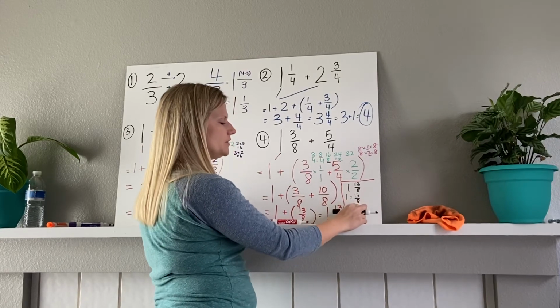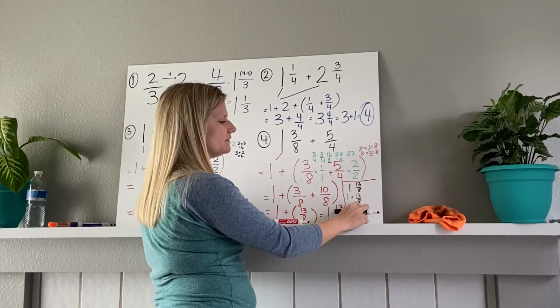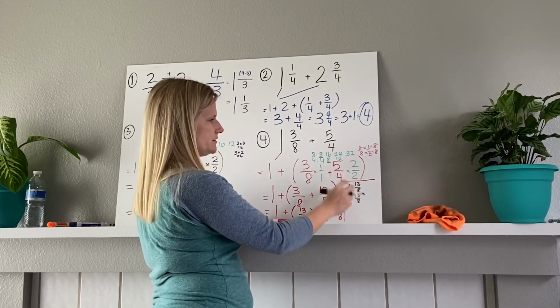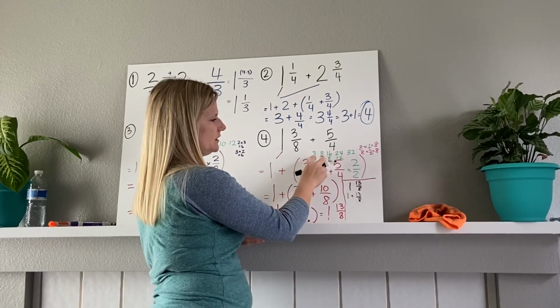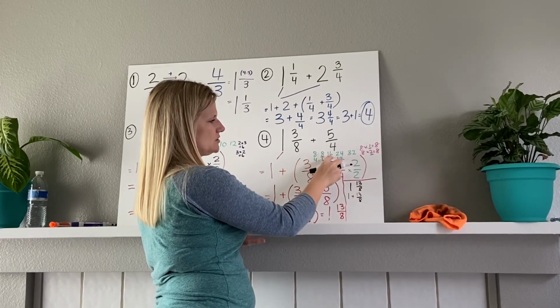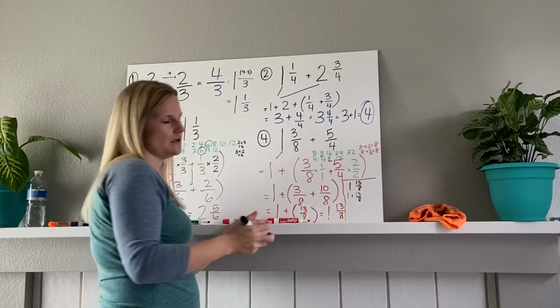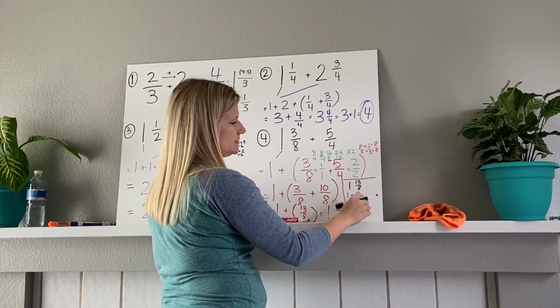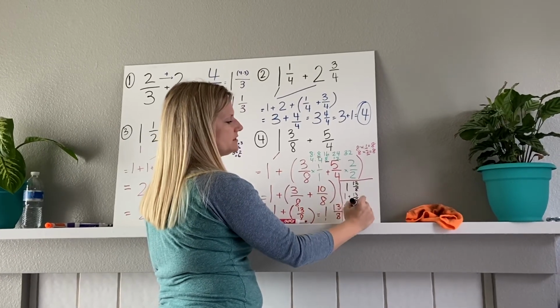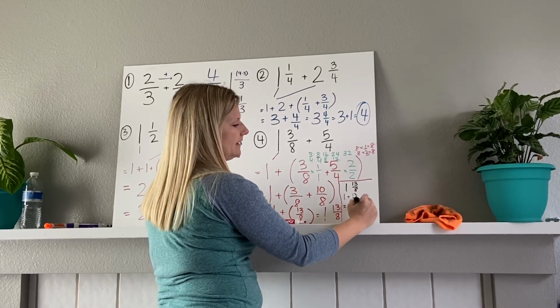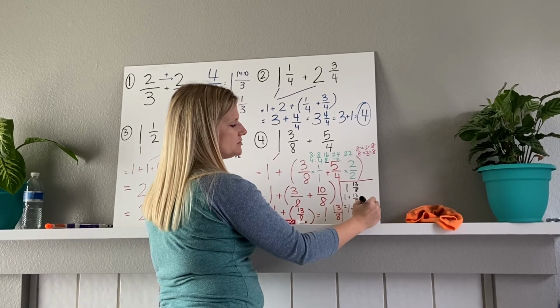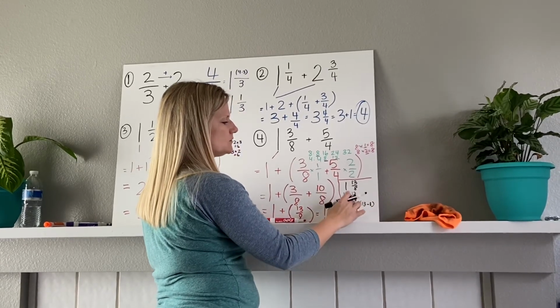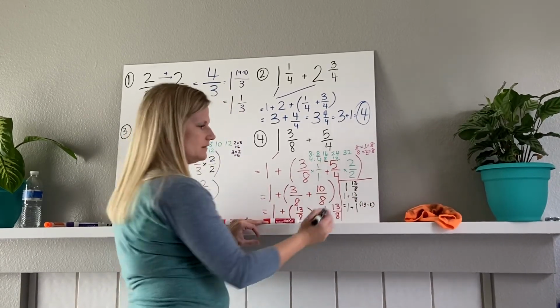To figure out what your mixed number is going to be, you have to figure out how many times 8 goes into 13. We can use the factors here to realize that 8 times 2 is 16, and that's too many times. So we're going to rewrite it as 1 plus 8 goes into 13 one time. And then to figure out what your numerator is, you subtract 8 from 13 because 1 times 8 is 8.